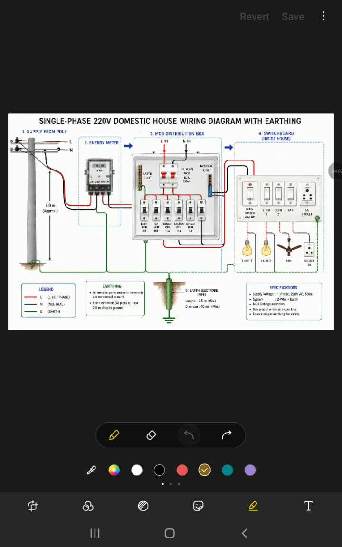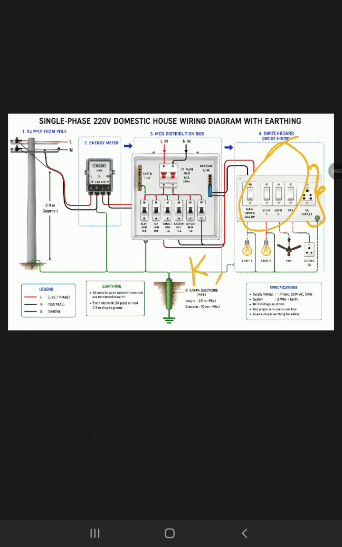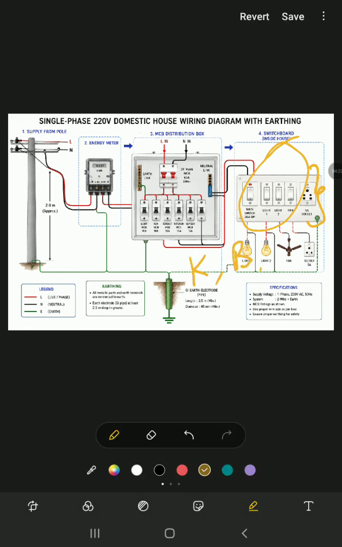The other socket is a 5 amp or 6 amp socket. Sockets generally come in 6 amps or 16 amps. We also find 20 amp sockets, but they are almost the same, right? In this way this is of a room. Similarly we have the kitchen, then balcony, and other rooms, etc.